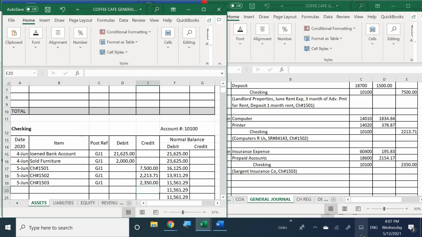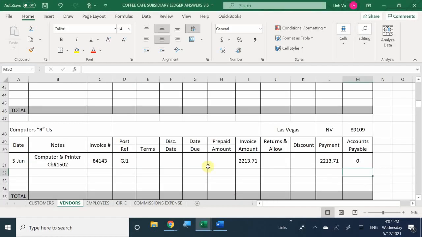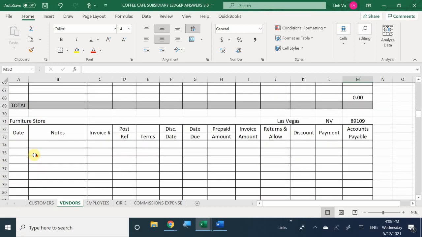All right. So now that we have this part, we now need to post to our subsidiary ledger. Okay, so once again, Sergeant Insurance Company is going to be a vendor because you can use it to revoke your insurance at any given time.